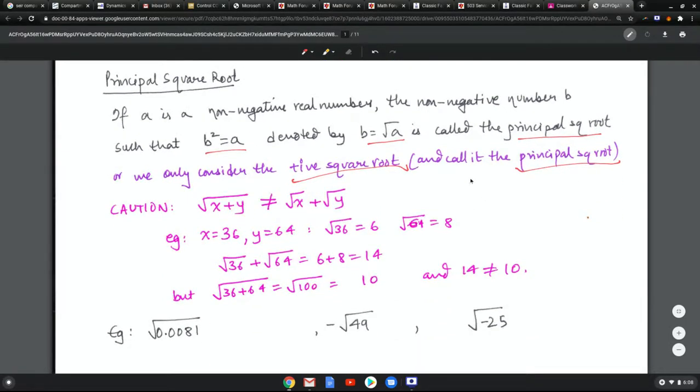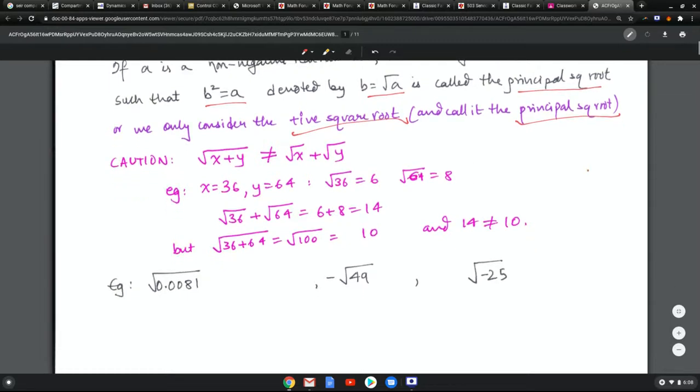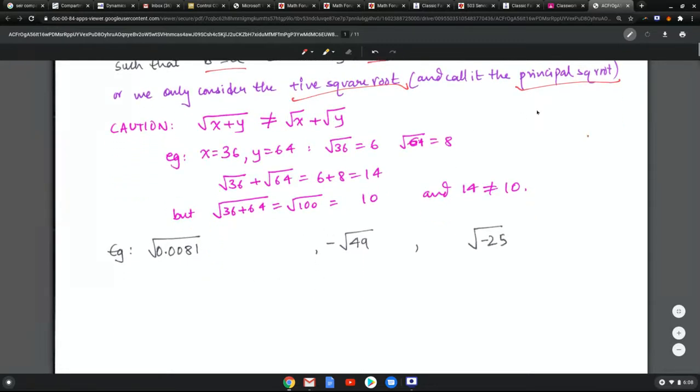For example, the square root of 100. We know it can be 10 or negative 10, but we are only going to consider the positive one, because that's the principal square root.